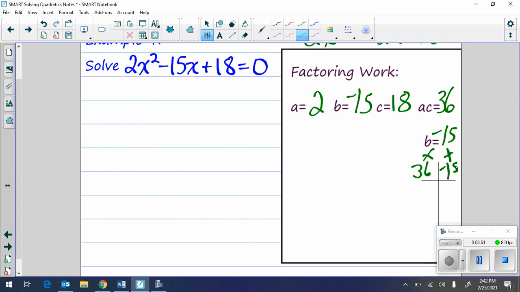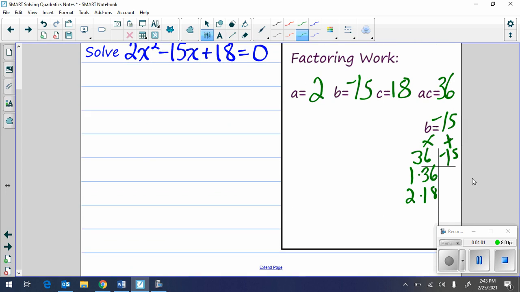The numbers are screaming at me, but just in case they're not screaming at you, start with 1. That's not going to work. 2 times 18. That is not going to work. 3 and 12. That's going to be the one. I know it's going to be 3 and 12 because if I make them both negative, they will multiply to a +36 and they will add to a -15.